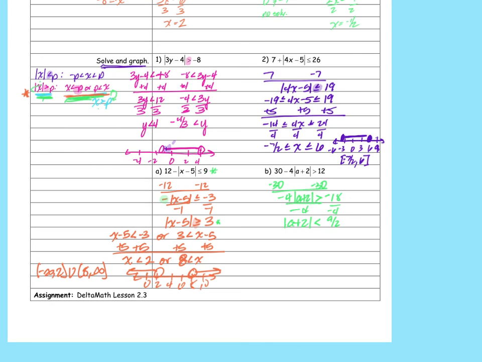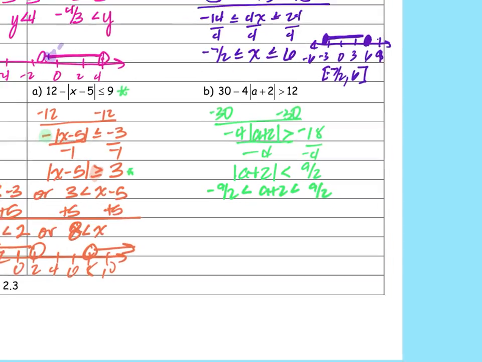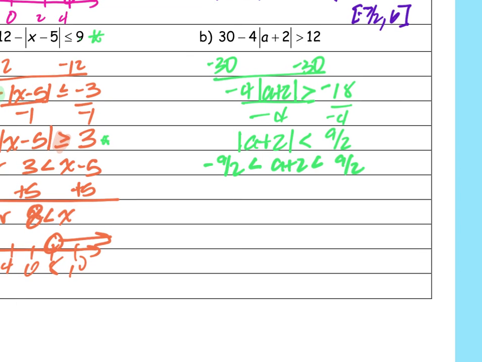The first one, the less than p. So I say negative 9 halves is less than a plus 2, which is less than 9 halves. So I'm going to make this bigger now. Okay, so I'm going to subtract 2 from all sides. So I'm going to subtract 4 halves and subtract 4 halves.